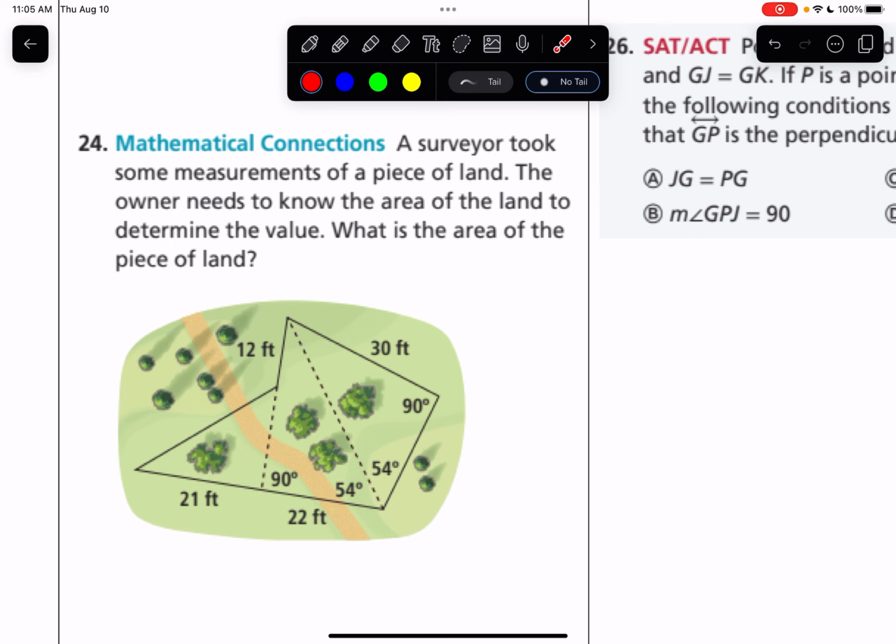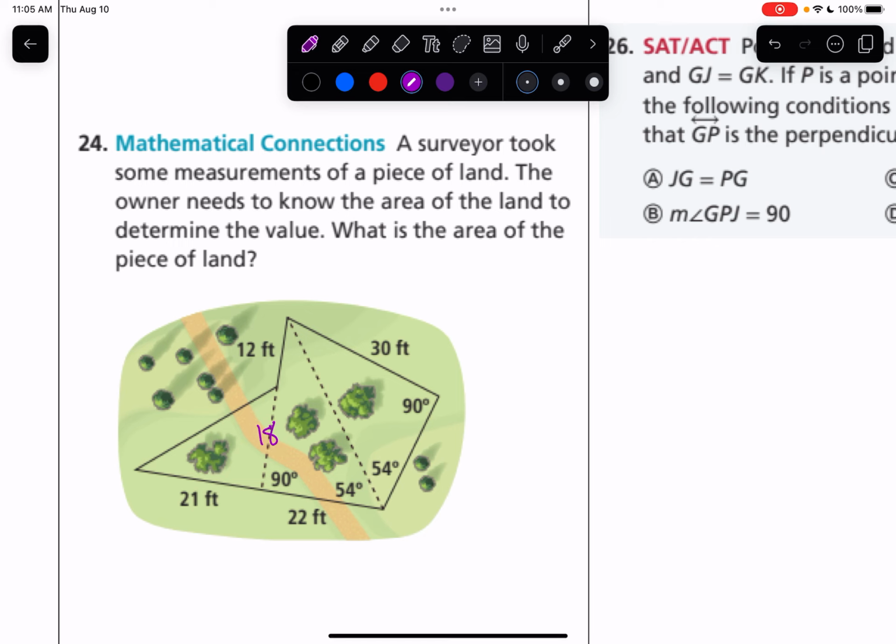I can also see that this is an angle bisector in a right-angled triangle, which means these two triangles happen to be congruent, okay? So I know that where this is 30 feet, this is also 30 feet. 12 plus 18 is 30, so that dotted line is 18.